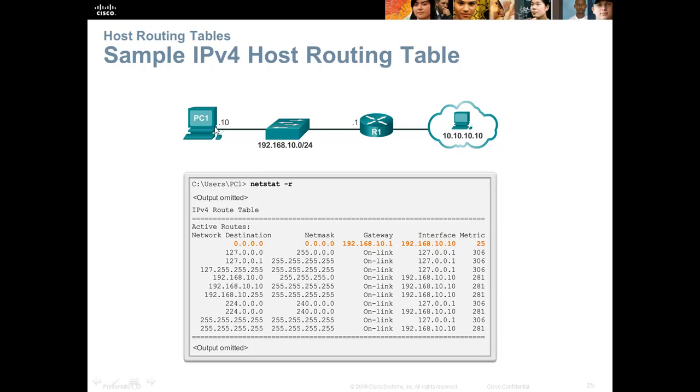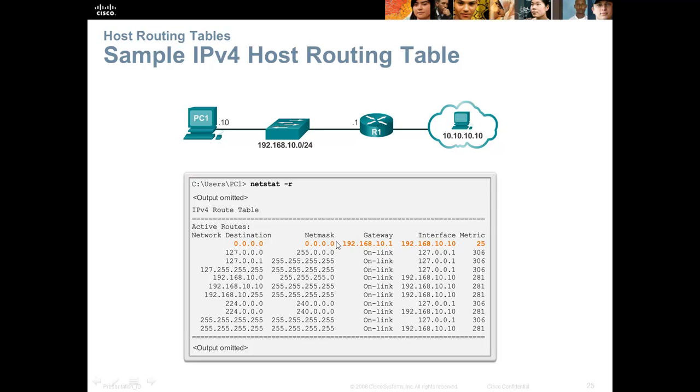If this PC wanted to send a packet to the 15.4.3 network, there is no route in here for the 15.4.3 network, but there is this gateway of last resort in here. It would meet this criteria. Any network that I do not have meets the quad zeros.